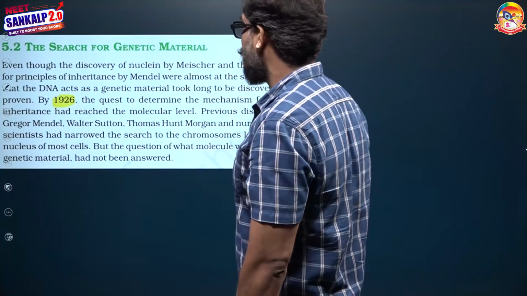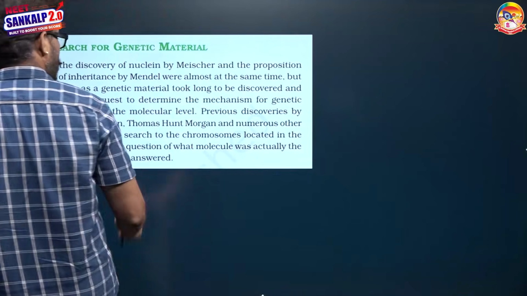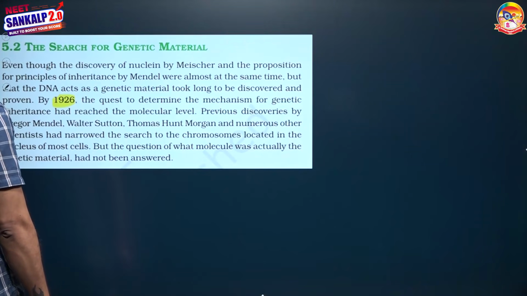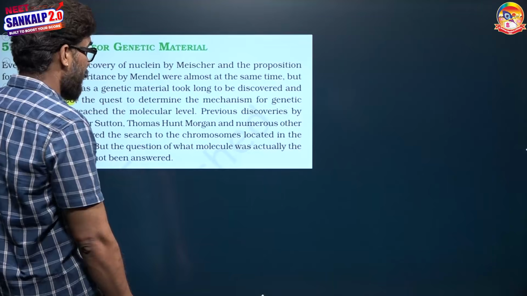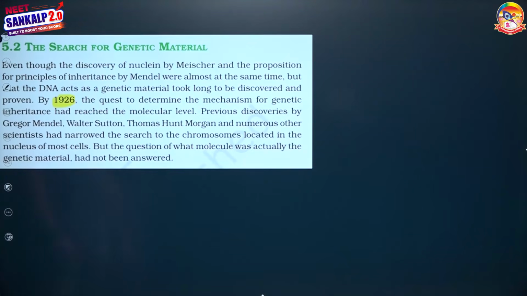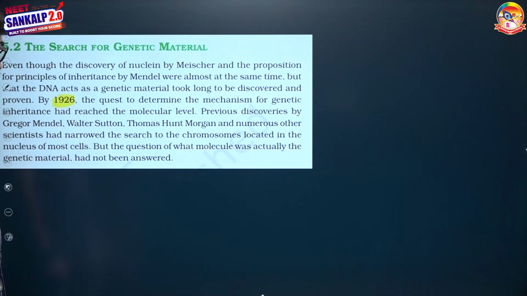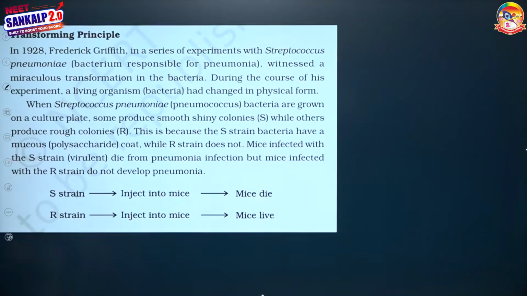Previous discoveries by Mendel, Walter Sutton, Thomas Hunt Morgan and numerous other scientists had narrowed the search to the chromosome located in the nucleus of the cell. But the question still remained pending: within the chromosome, what is the chemical responsible for inheritance?